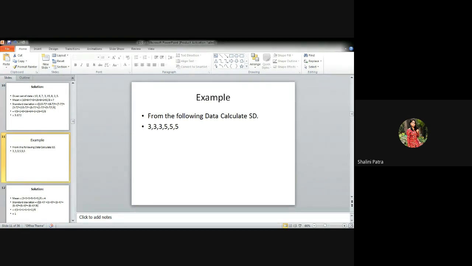The mean is 4. Those who solved and got the answer 1, that is correct.